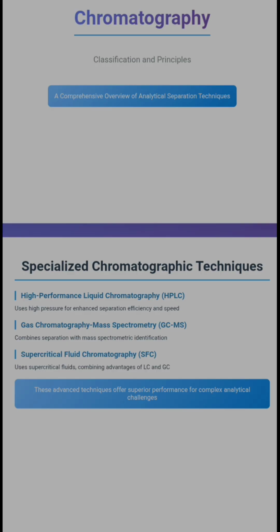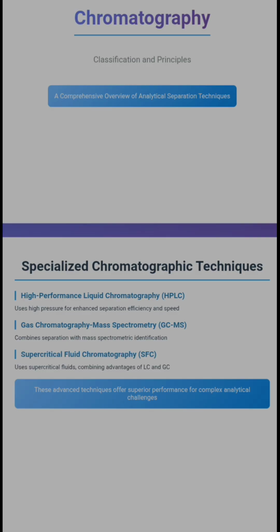These three are HPLC, GC-MS, and SFC. First, high performance liquid chromatography, short form HPLC. It uses high pressure to enhance separation efficiency and speed.